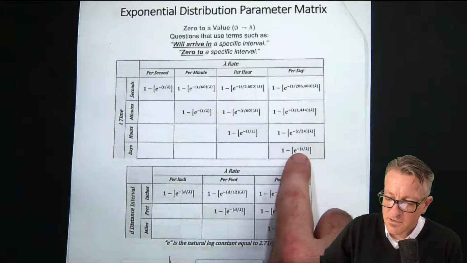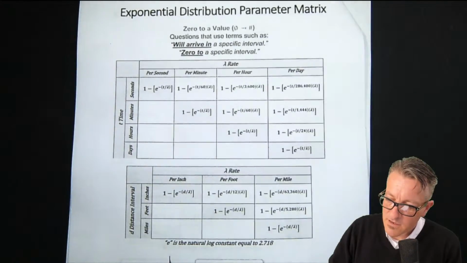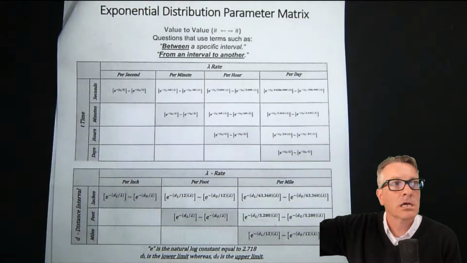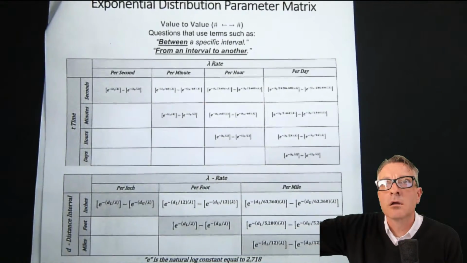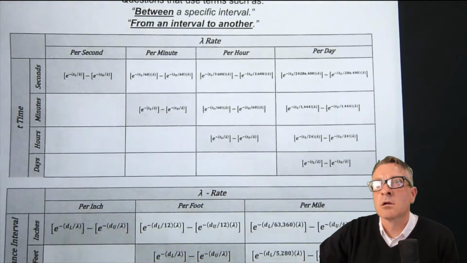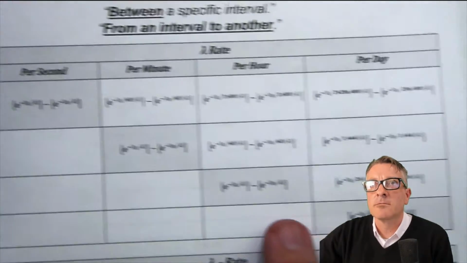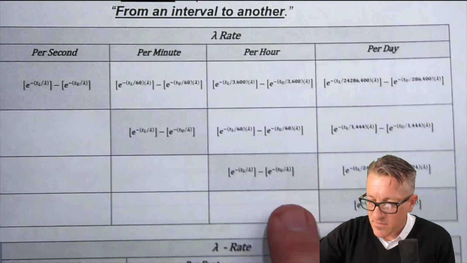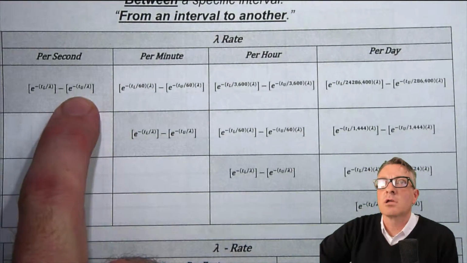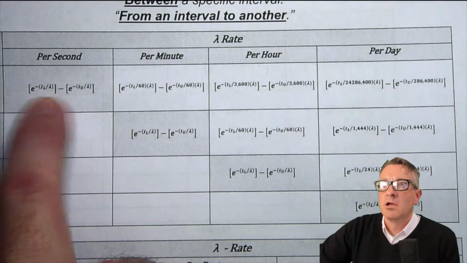Okay. And then the last one, really small print. I'll zoom in some more. The last one has the L's and the U's for lower and upper, lower, upper.